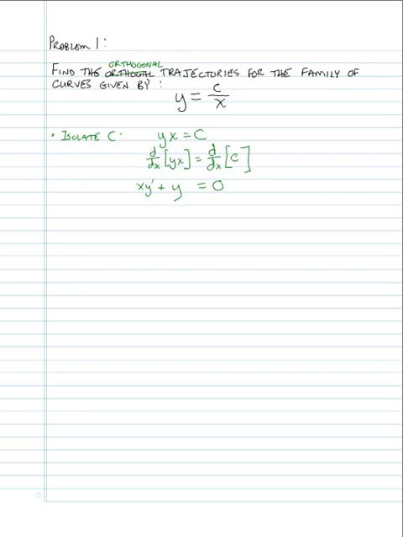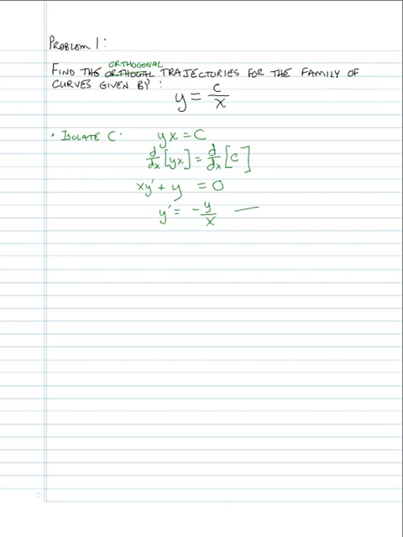That's another way we could accomplish eliminating the arbitrary constant c, which is important when we're doing these. But we can certainly solve this for y prime, and we'll subtract y on both sides and then divide by x. So we get y prime is negative y divided by x.